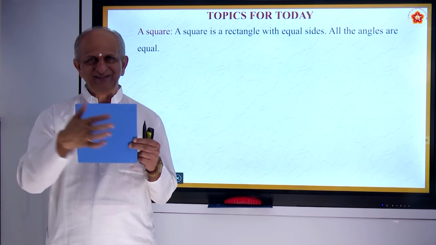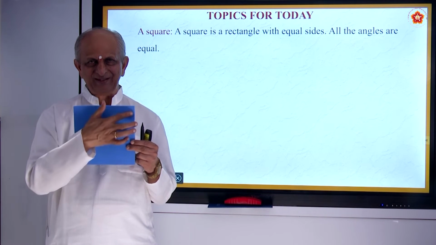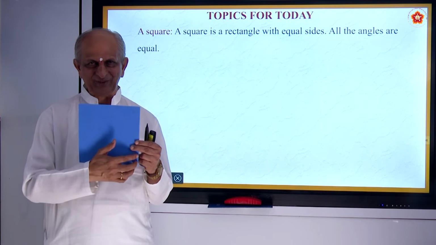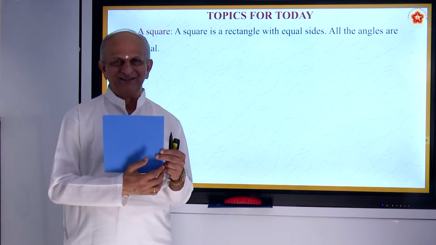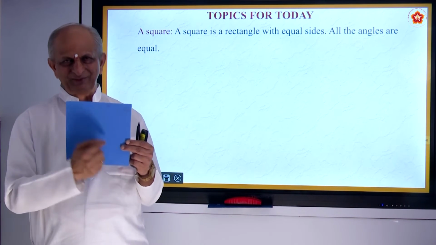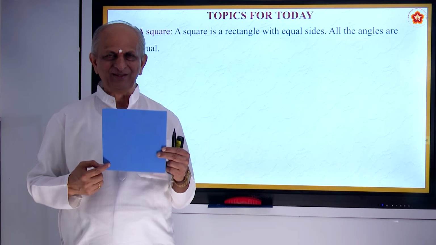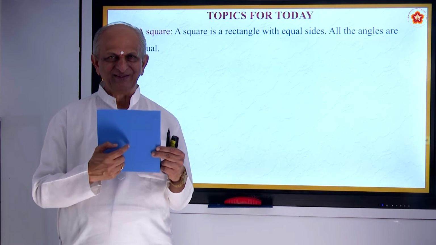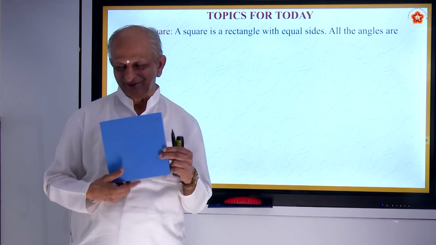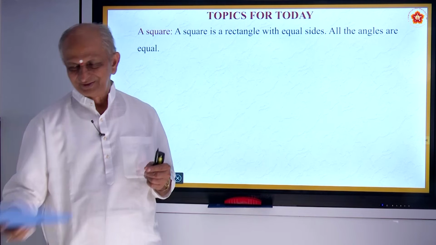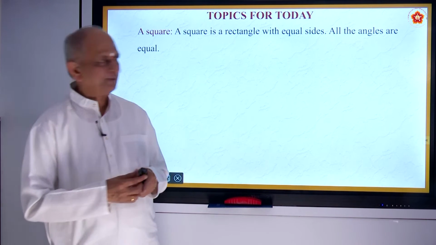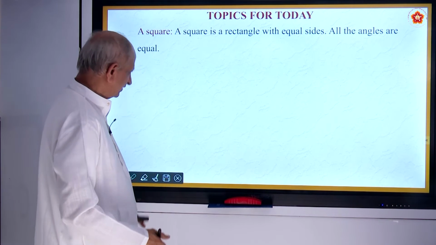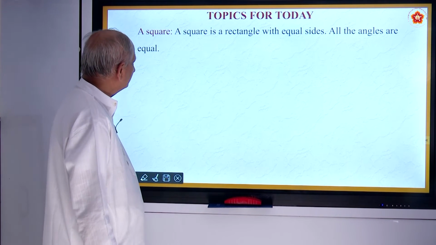All the sides are equal. All the angles are equal. How much is it? 90 degrees, correct? The two diagonals are equal and they bisect at right angles, is it not? So, you call it as equiangular or equilateral. So, that is a word you use for this.